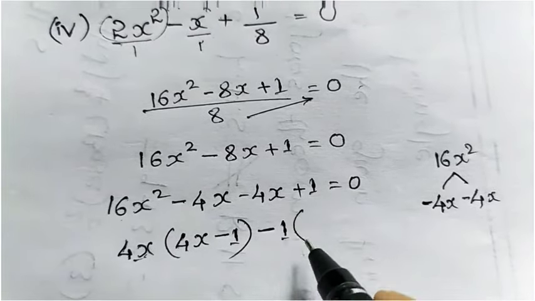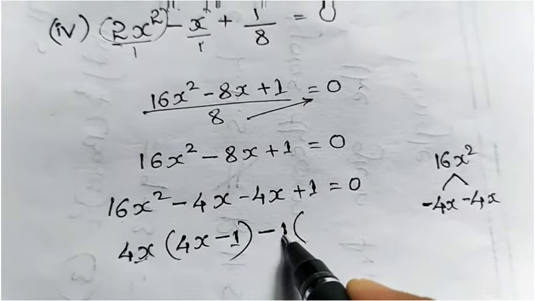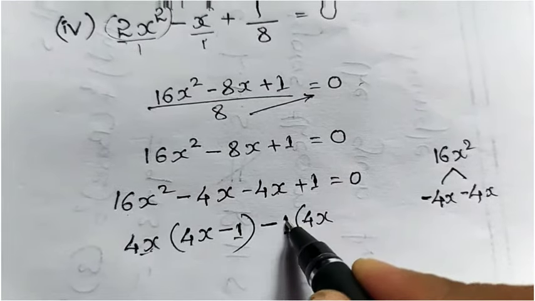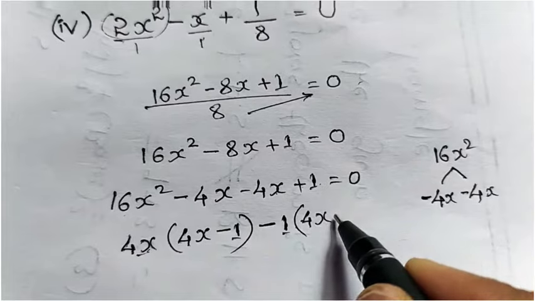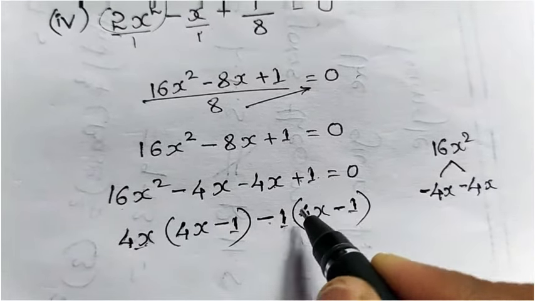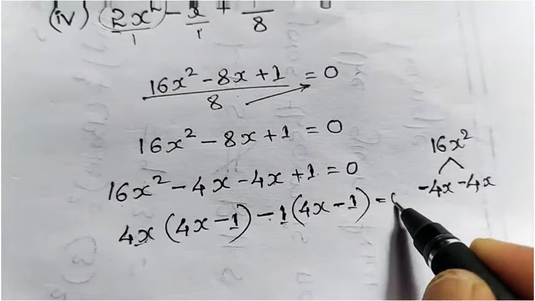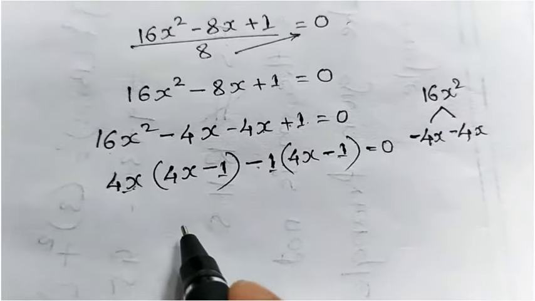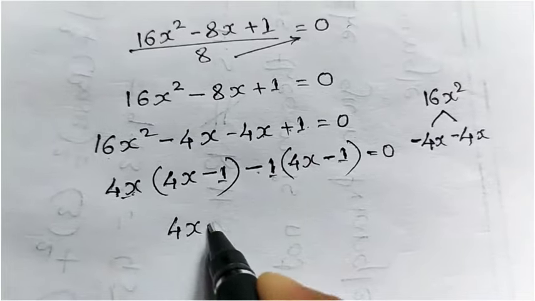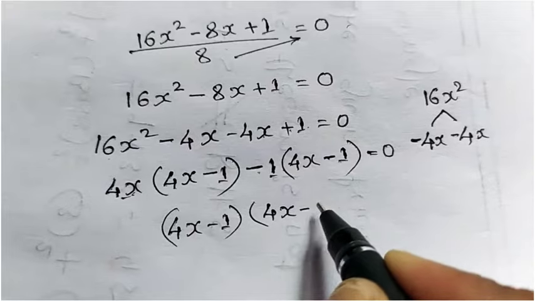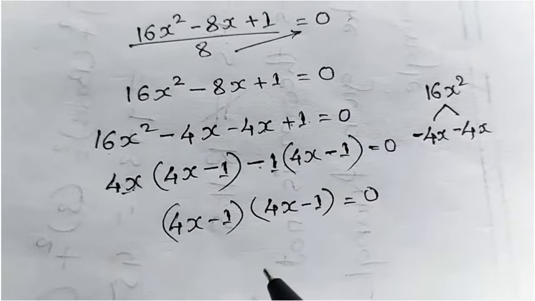So just take 1 as common. So 1 into 4x is 4x, and plus 1 we need, then we have to take minus 1 here. So minus into minus, plus 1 ones are 1 equal to 0. Okay, 4x minus 1, 4x minus 1, I will take common. What is left? That is also 4x minus 1 equal to 0.